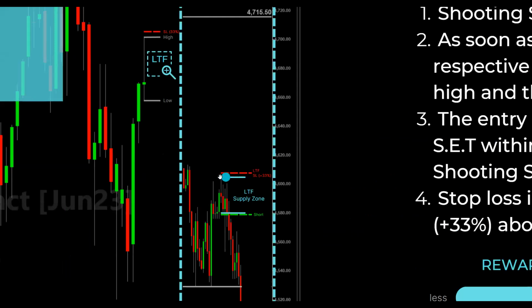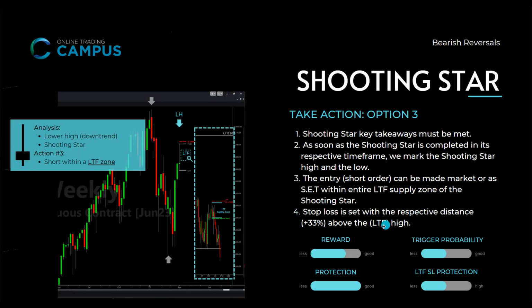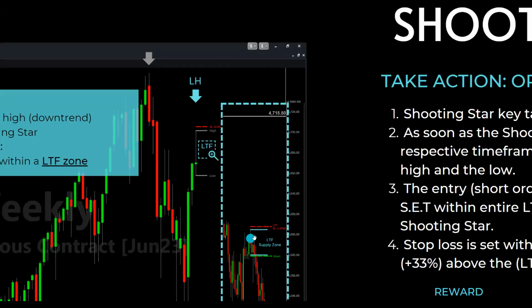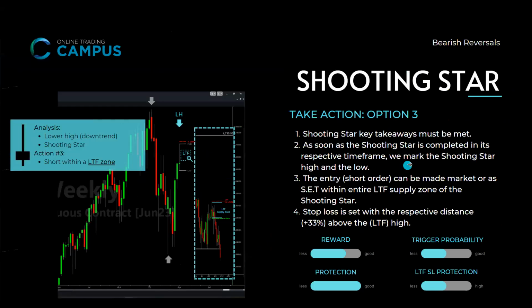Okay, that's the lower time frame high, the blue line, and it's above. And it's not necessary. It means that why we have the lower time frame in brackets, it's also above the high. Means you can use the zone here as an entry, but the stop loss still above your weekly shooting star. It's up to you, depends on your profit margin and your trading plan.